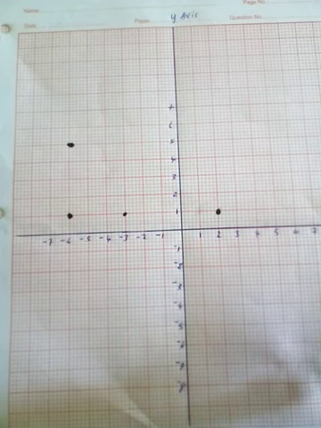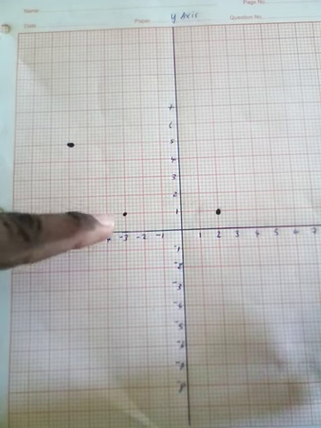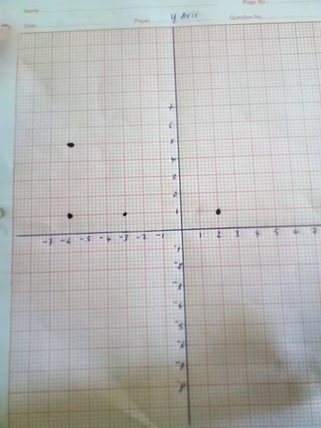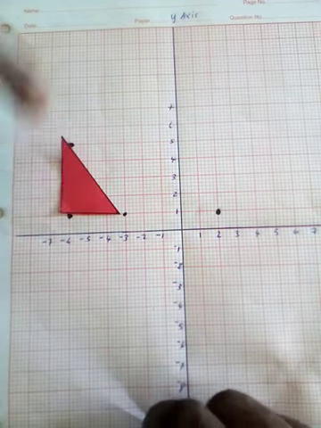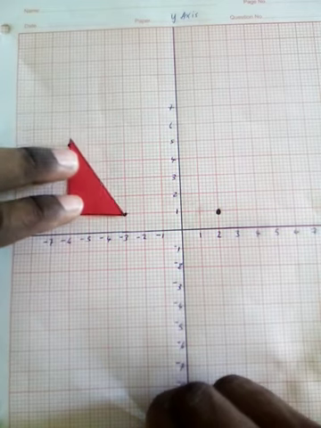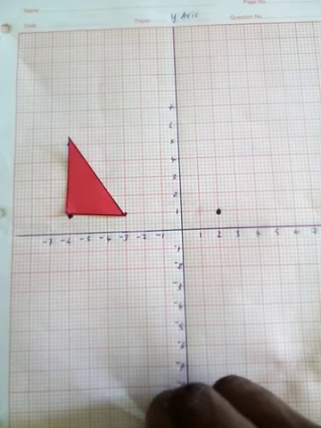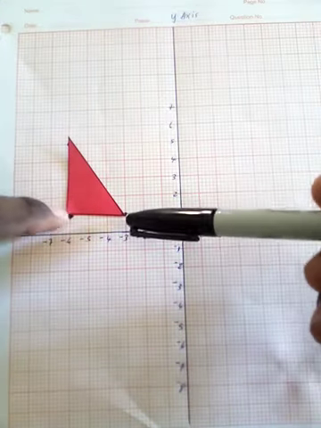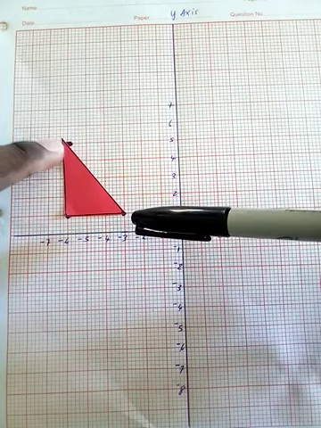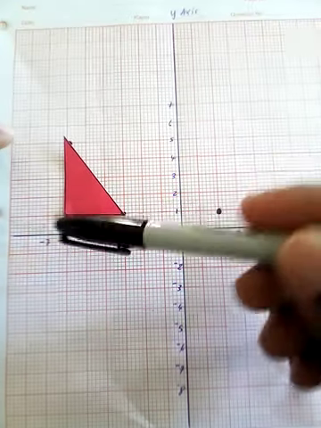Okay, so the definition is saying transformation is a rule that moves every point, so these points can be moved. Point or vertex, because if I join these points I could create a triangle like this, and the vertex, which is a corner, which we learned from measurement, still represents the points.